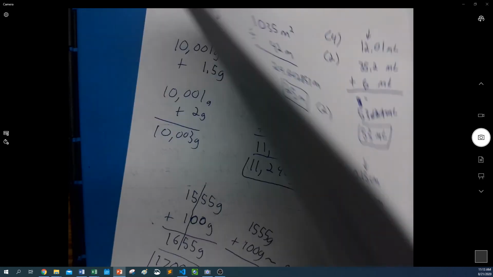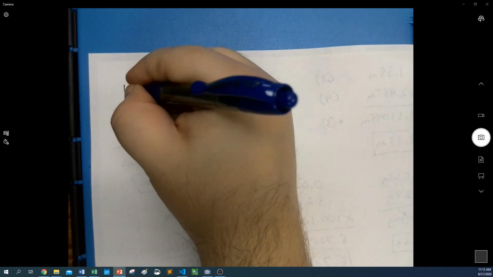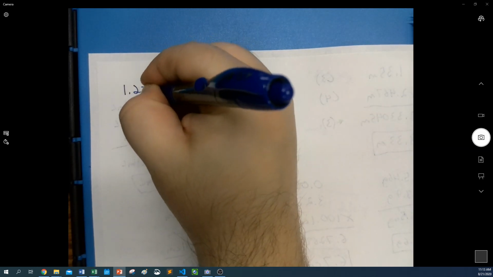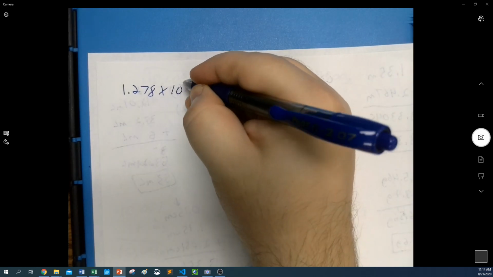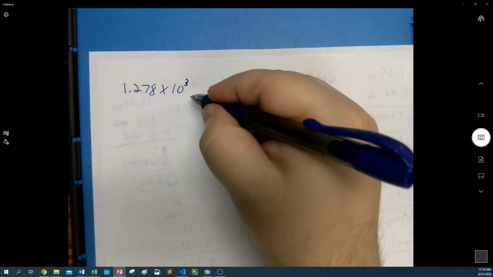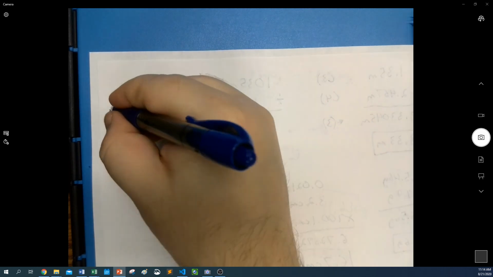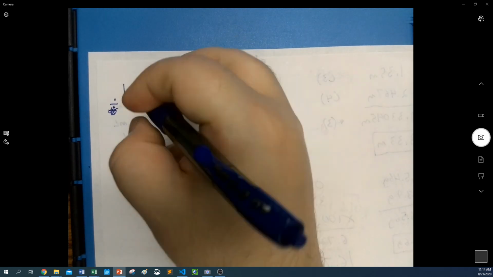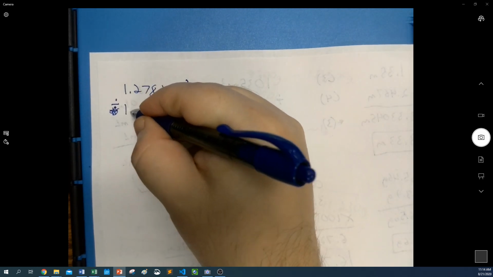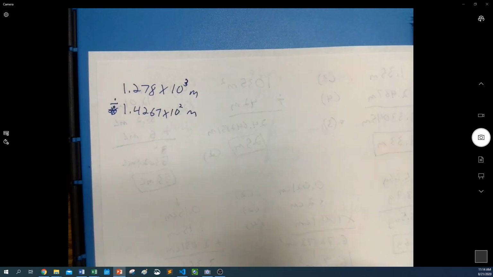Last example. So doing scientific notation, 1.278 times 10 to the 3rd power meters divided by 1.4267 times 10 squared meters.